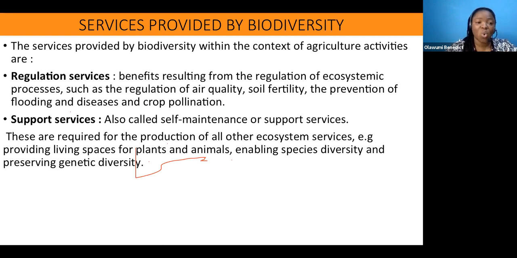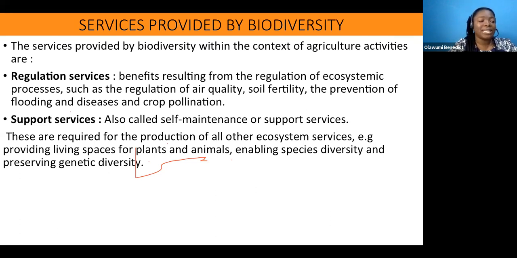In an agricultural production system, there is what we call the agro-ecosystem, the natural physical environment it is based on. The agro-ecosystem consists of land used for agriculture, livestock, pisciculture, forestry, and grazing land. All these things are encompassed in the agro-ecosystem. And in that agro-ecosystem is where we find the biodiversity that we are talking about.